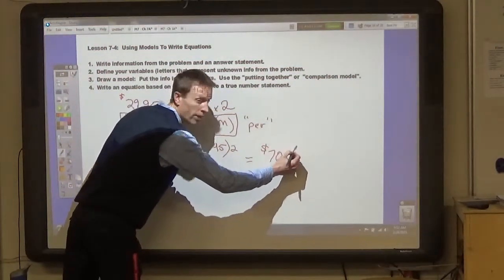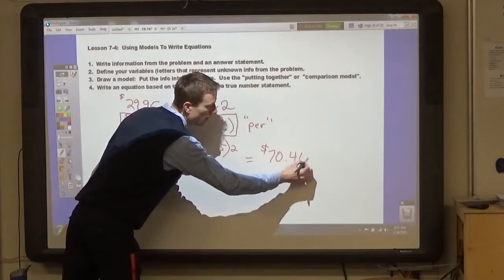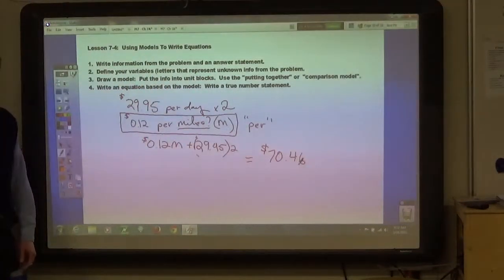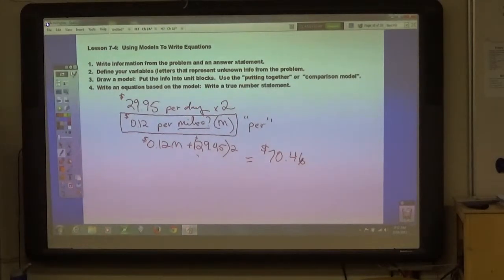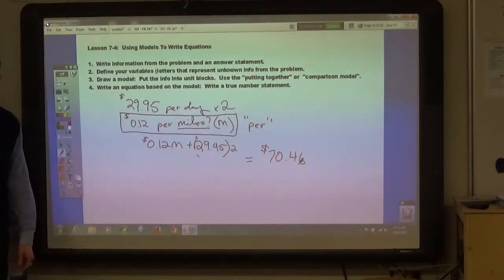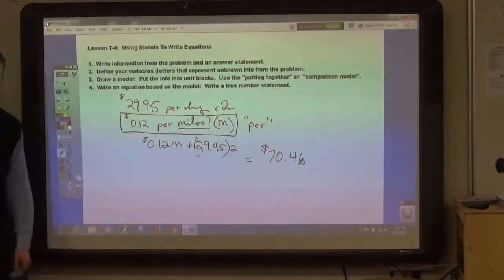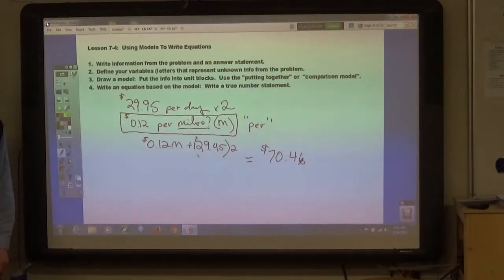Yeah, they give that to us, don't they? In the problem, it says the bill was $70.46. So all of this equals $70.46, right? It's exactly what we have here. Okay?